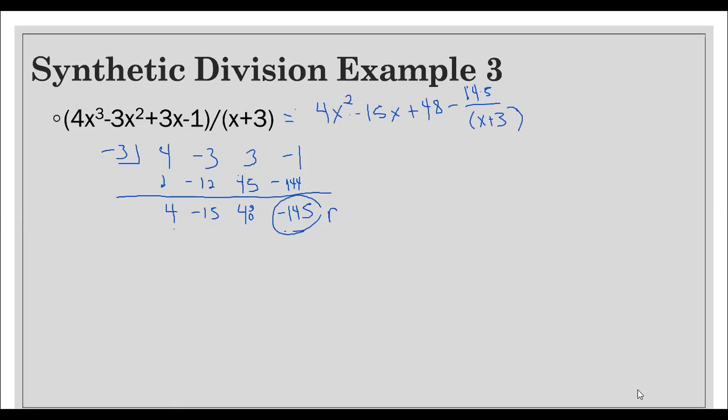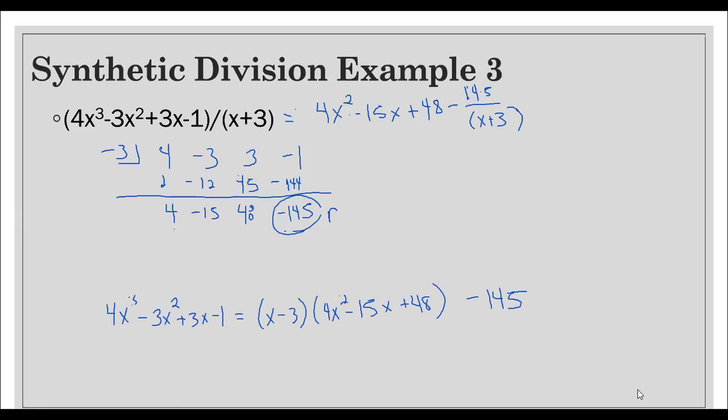The other way we can write this is 4x cubed minus 3x squared plus 3x minus 1 is equal to x plus 3 times our quotient without our remainder, which is 4x squared minus 15x plus 48. And then we just have plus our remainder, which is negative 145.